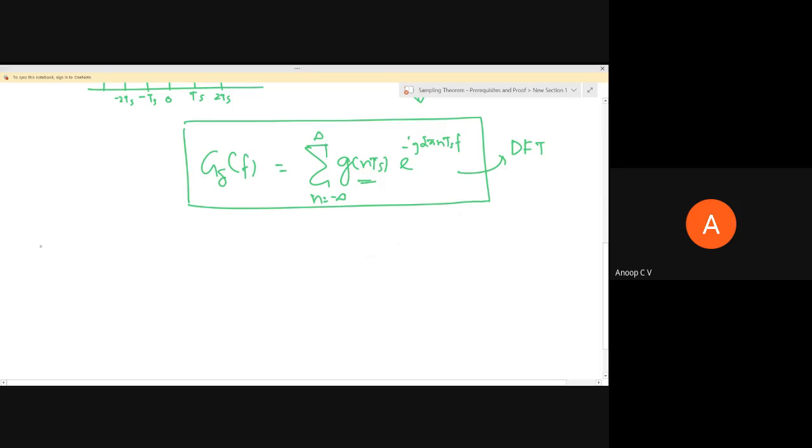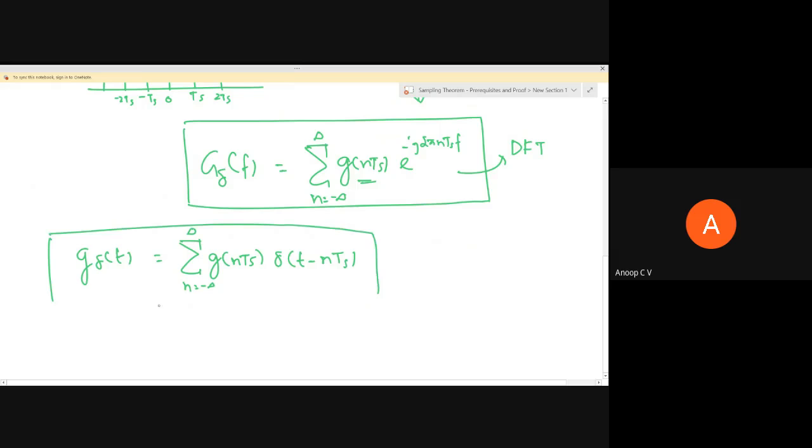Let me write g delta of t once again: it is the summation over n from minus infinity to infinity of g of nTs times delta of t minus nTs. This is the signal of which we have to find the Fourier transform. I'm calling it equation A.